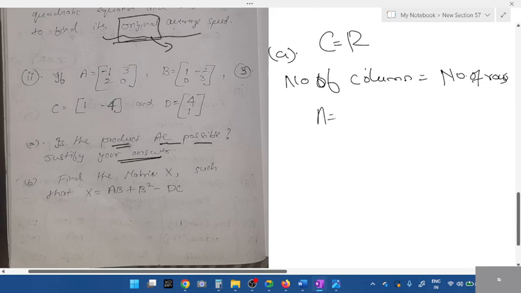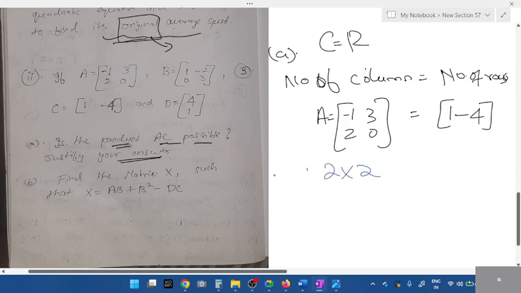Take A. A is equal to minus 1, 2 and 3 comma 0, and C value is 1 comma minus 4. Now in A, what is the number of rows and columns, students? For A, how many rows does it have? 2 into 2. So what kind of matrix is A? 2 into 2.